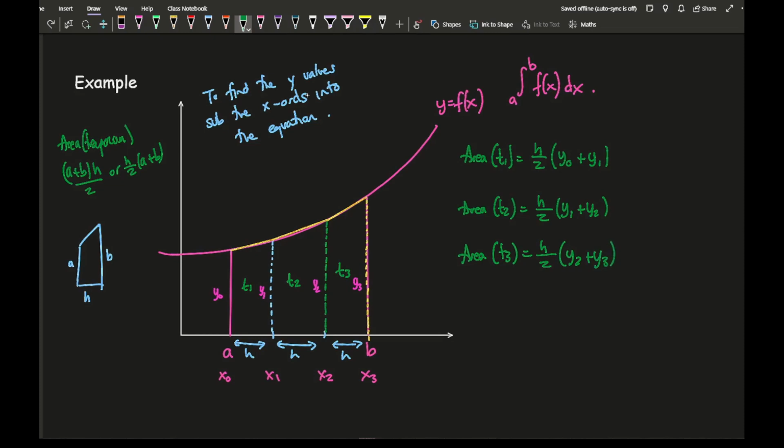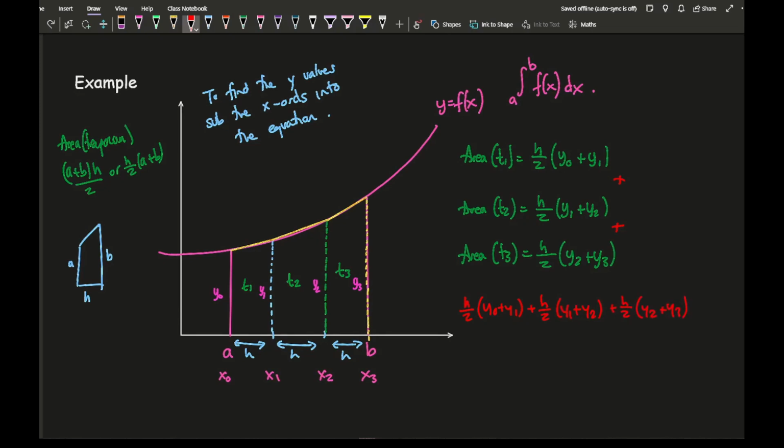Now, to work out the area under the curve between the ranges of A and B, all I need to do is simply add those three trapeziums up. So here I'm going to have h over 2 of y0 plus y1, plus h over 2 of y1 plus y2, plus h over 2 of y2 plus y3.